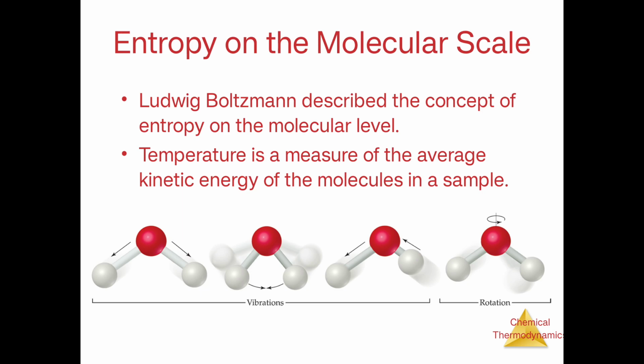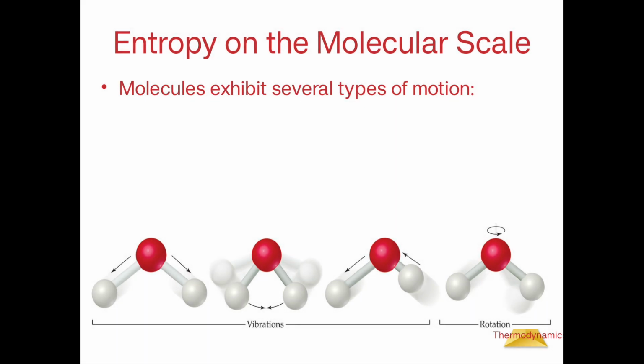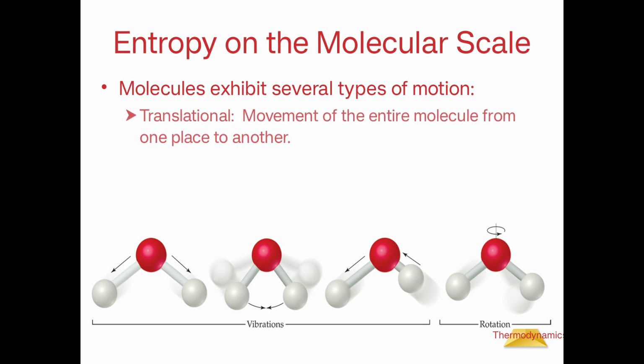That's how our body temperature also changes. Whenever we are actively doing any physical activities, say running or jogging, definitely you can feel there is a change in the temperature, and based on the activity you made, you can understand how the body temperature changes. As I mentioned before, the molecules exhibit several types of motion.